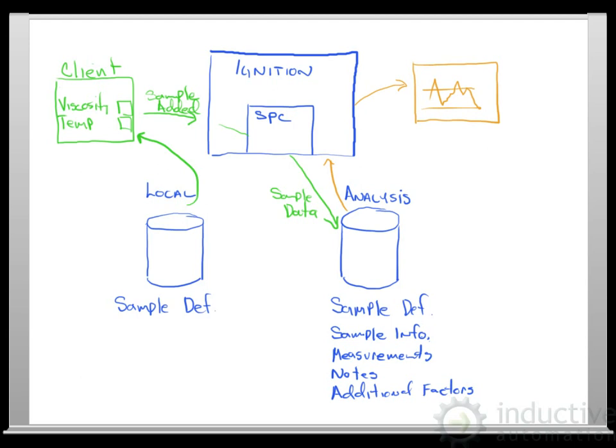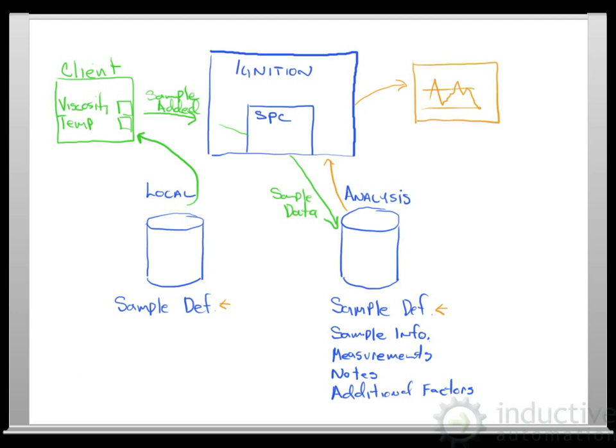It tests to see if we violated any rules and does some other, maybe calculates control limits, does other things like that, and puts it out here. So to be able to do that, we needed to know some sample definition information. We needed to know viscosity and what control limits to apply to it, and that there's also temperature and all that kind of stuff. So that's why we have this sample definition here duplicated, or at least some of the information that's in here is duplicated over here.